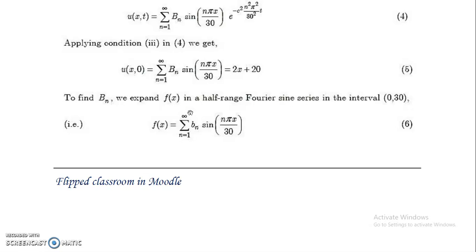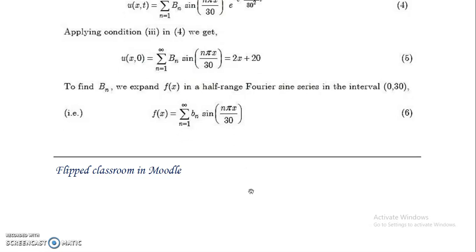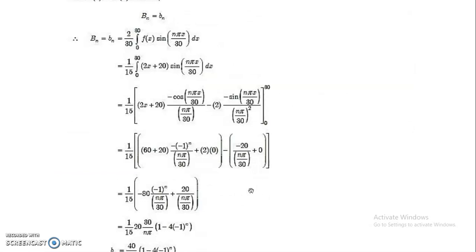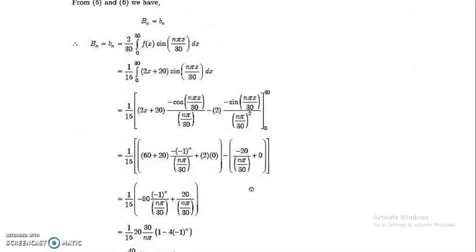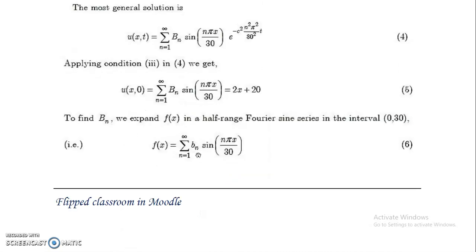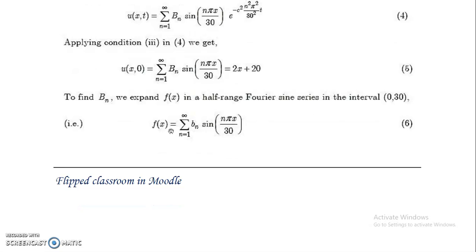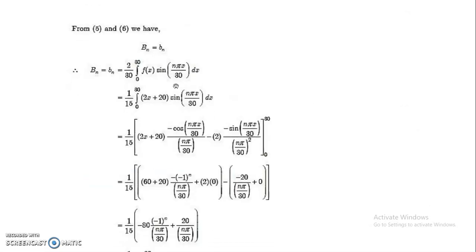You can see that this is Fourier sine series format, and hereafter the procedure is very easy if you are going to apply the Bernoulli's formula. You can see that now f of x is here, which is 2x plus 20, where the Bn formula is 2 by L integral 0 to L f of x sin n pi x by L into dx, where L equal to 30, and f of x is 2x plus 20.